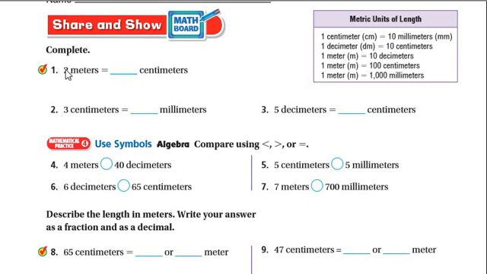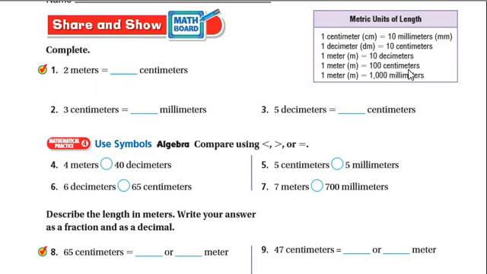So now let's complete. We have number 1. 2 meters equals how many centimeters? Going back again here to our table. Let's see. How many centimeters in 1 meter only? Yes, we are searching for meter, centimeter units.